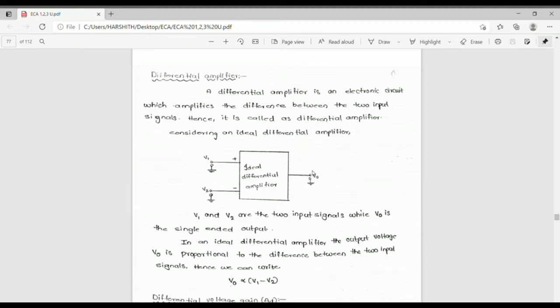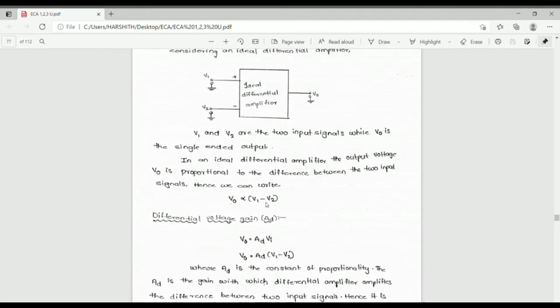In an ideal differential amplifier, the output voltage V0 is proportional to the difference between the two input signals. Hence we can write V0 is directly proportional to V1 minus V2.